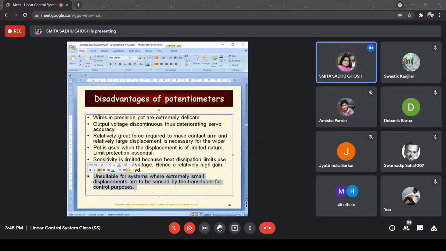Though this is a very simple arrangement, as an error detecting device, if you want to apply such potentiometers, yes, it is simple and you can apply it, but nevertheless, there are certain limitations, and that would not enable you to apply it anywhere and everywhere. You have to keep these limitations in mind.